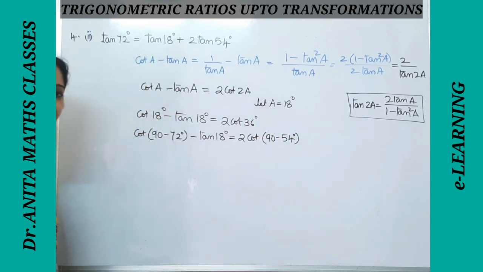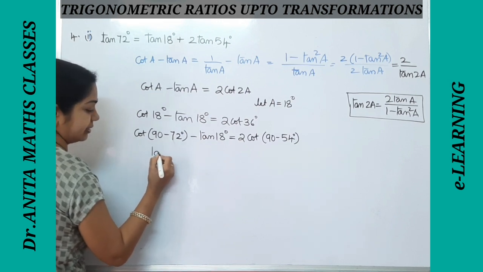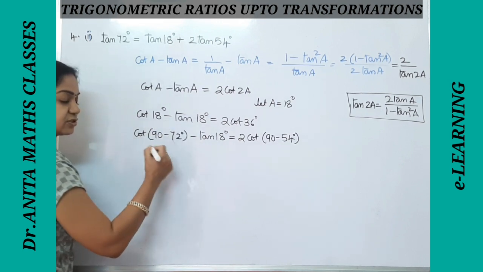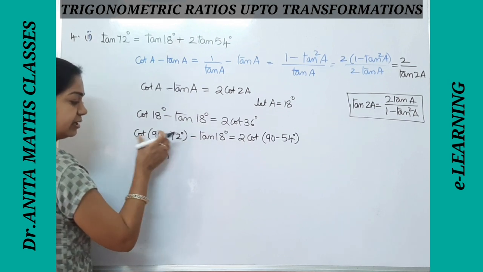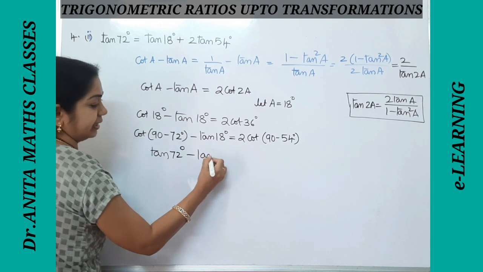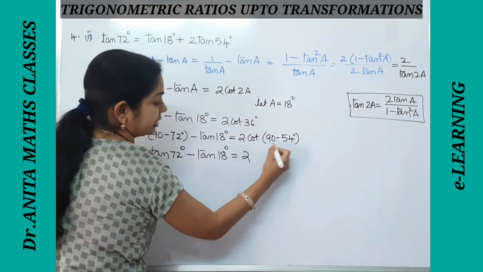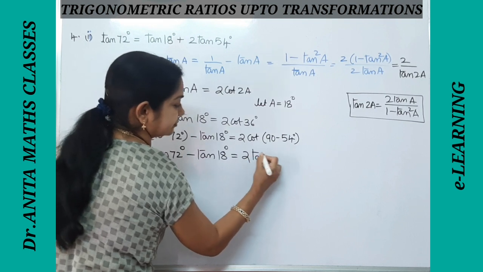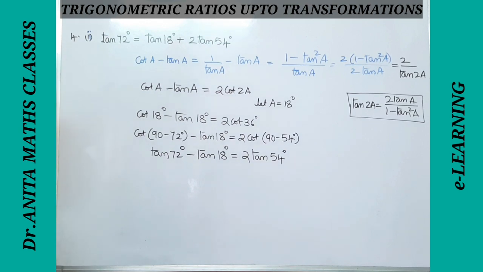Okay, that is 36 degrees. Now cot of 90 minus 72 is tan 72, in the first quadrant where all are positive, so tan 72 degrees minus tan 18 degrees equals 2 tan 54 degrees, since 2 cot of 90 minus 54 is again positive, tan 54 degrees.